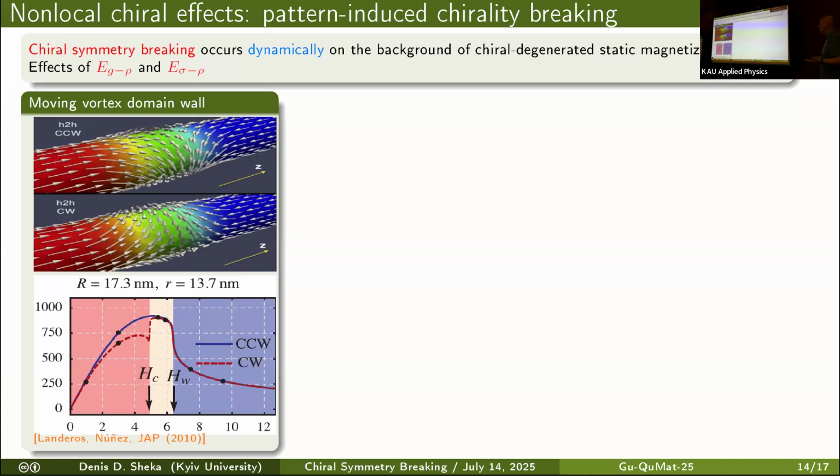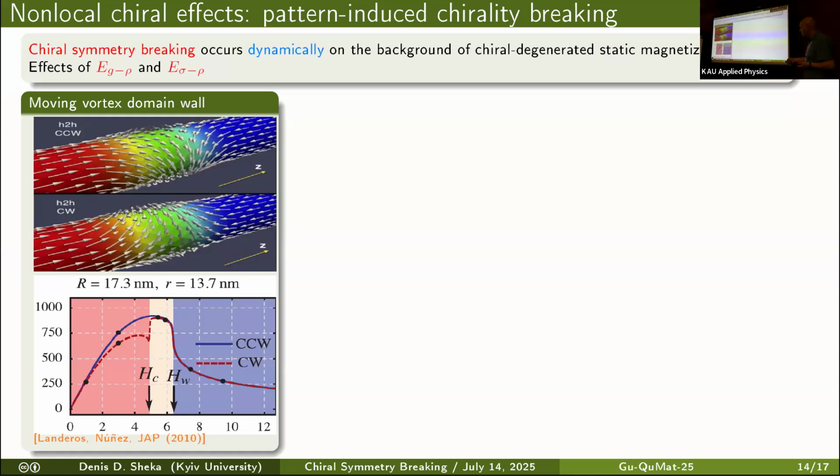And the effects of chirality breaking appear dynamically. For example, if we consider two magnetic nanotubes with vortex domain walls with opposite chiralities, counterclockwise or clockwise, they have the same energy. But if we apply a magnetic field, the domain walls start to move, and the motion depends on the chirality.